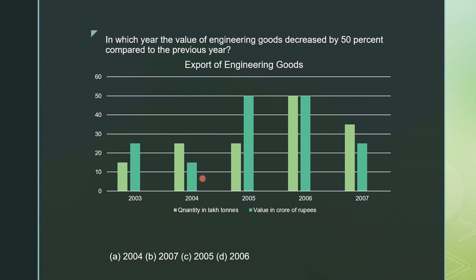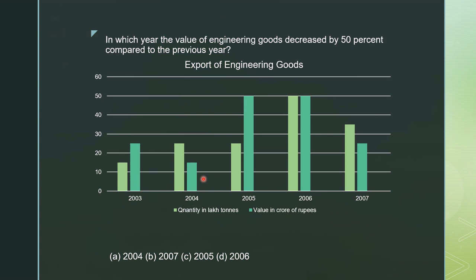When we consider a decrease, how do we calculate the percentage? Initial value minus final value divided by initial value, into 100.